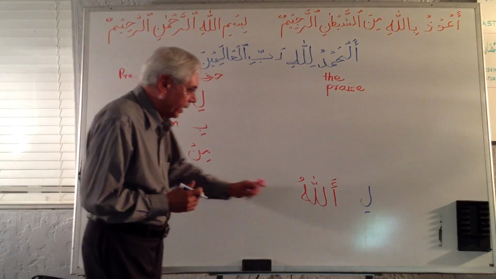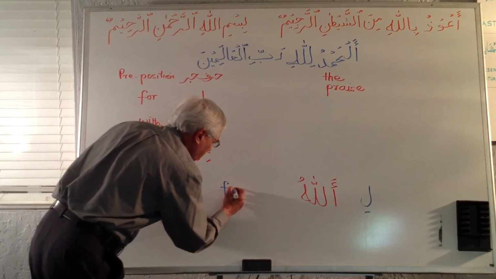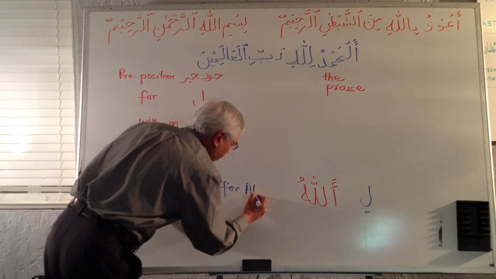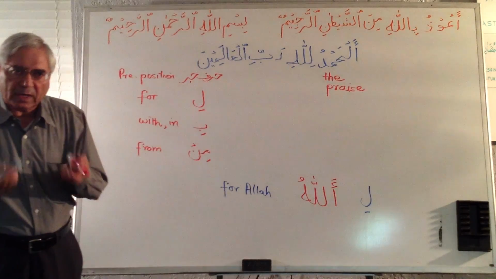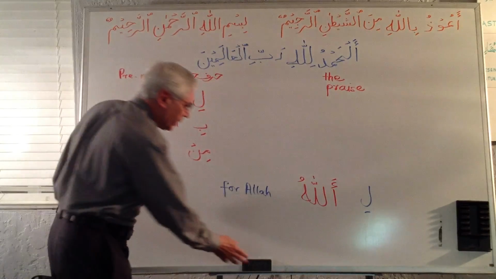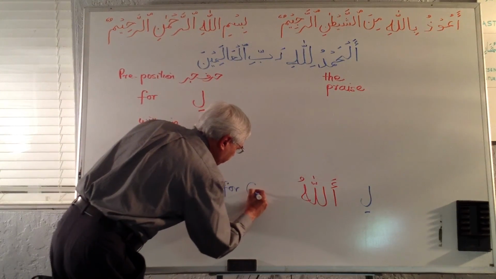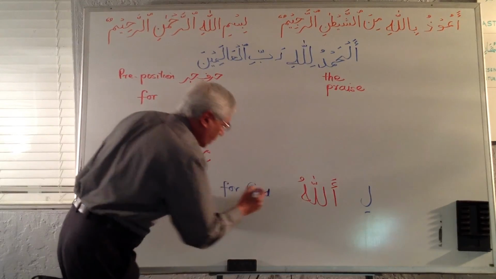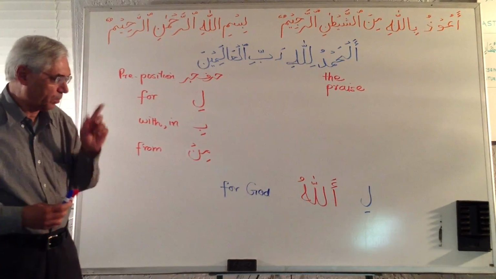In English, the meaning is "for Allah." Right? In English, I did not change the word "for," and I did not change the word "God." It doesn't happen in Arabic.